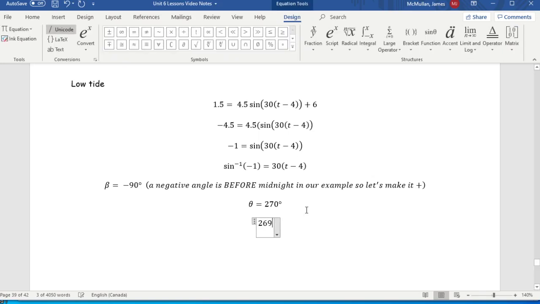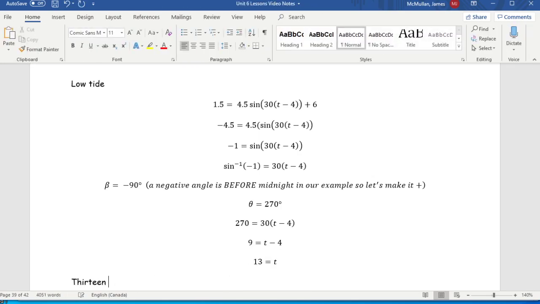So 270 equals 30 (t minus 4). Divide both sides by 30. You get 9 equals t minus 4. And therefore 13 equals t. So therefore, 13 hours after midnight is low tide, and that is 1 p.m. That's 13 hours after midnight.